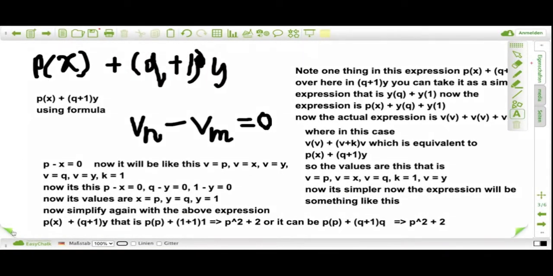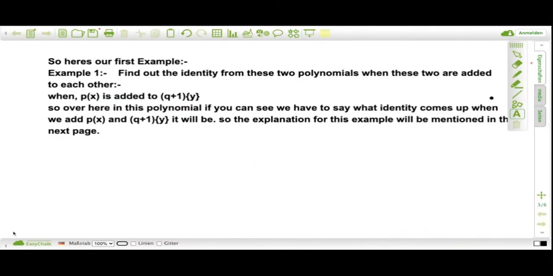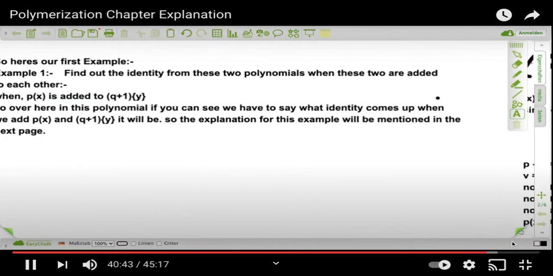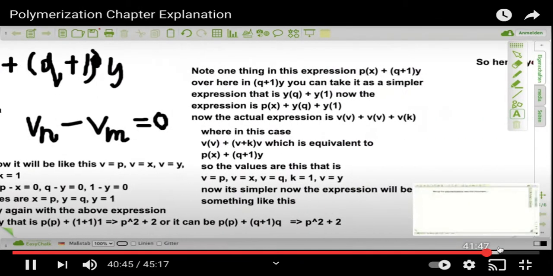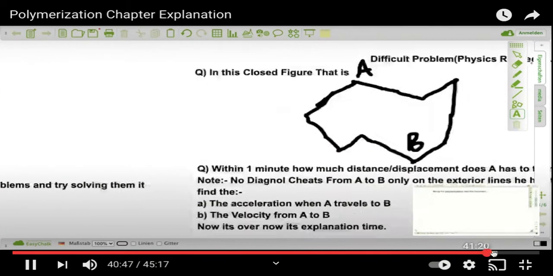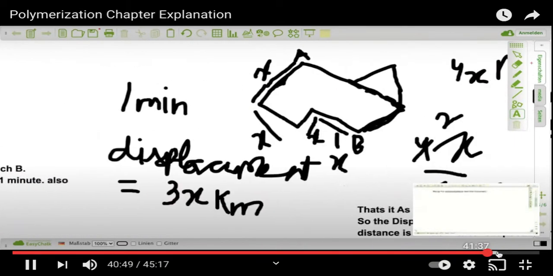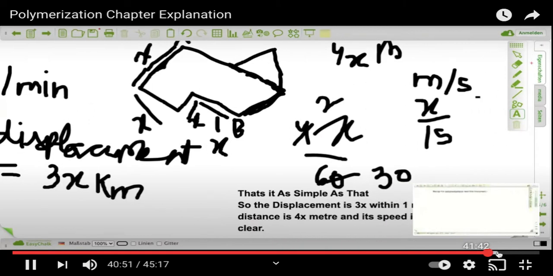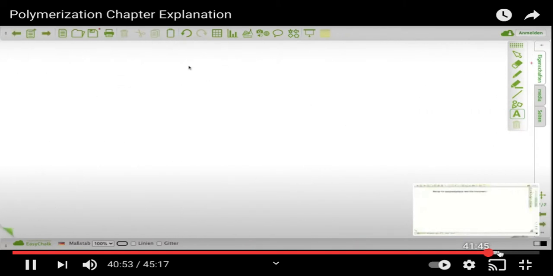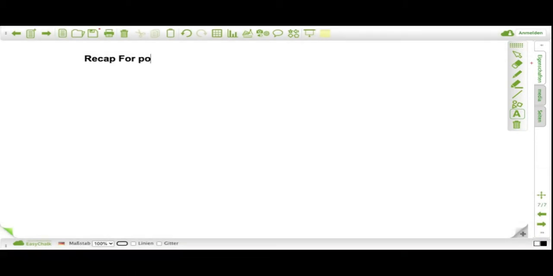This is a quick revision through all our explanations. Here's a quick recap.